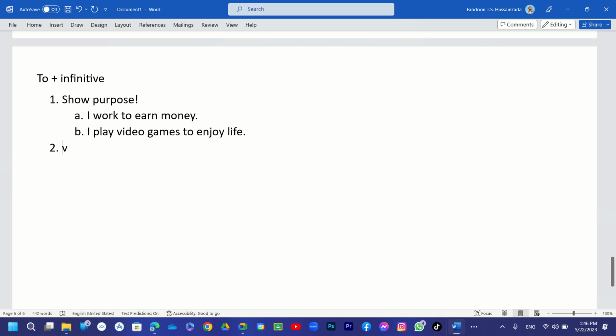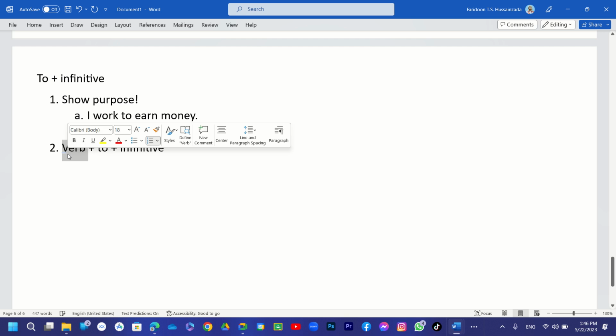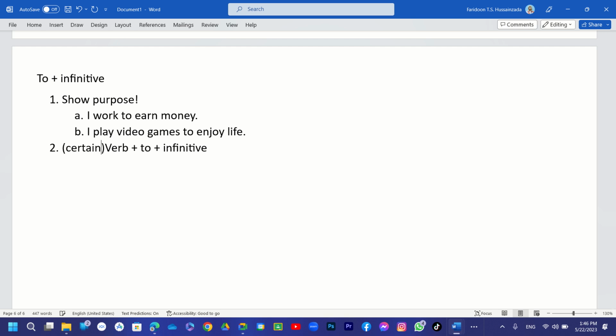So let's write it: verb plus to plus infinitive. Something that you should not forget, guys: these are not any verb. These verbs are what we call certain verbs. Not all of them, but some of them specifically can be used in this fashion, okay?